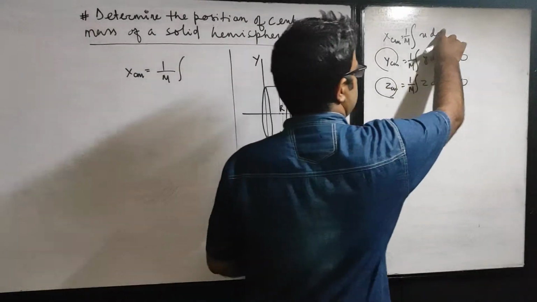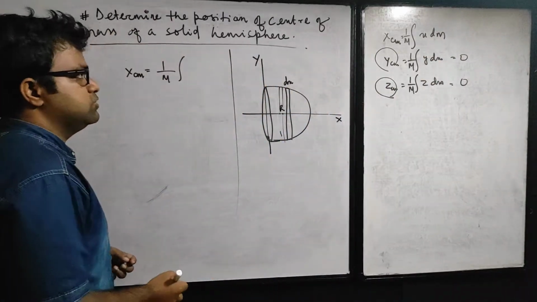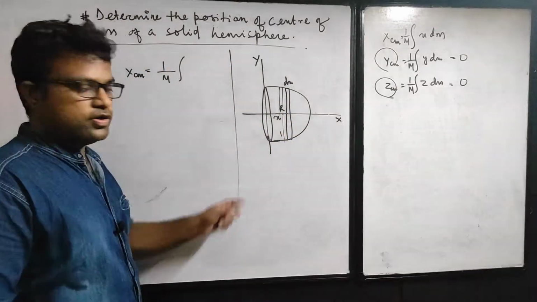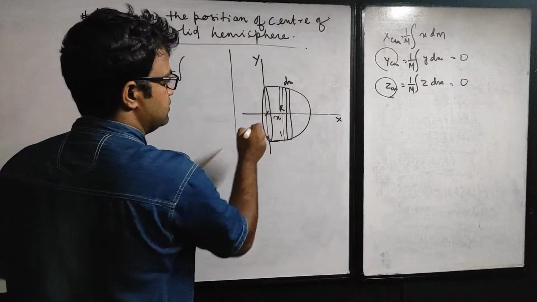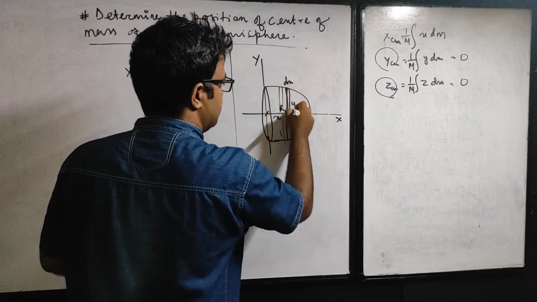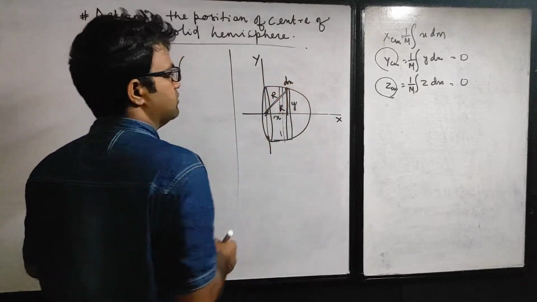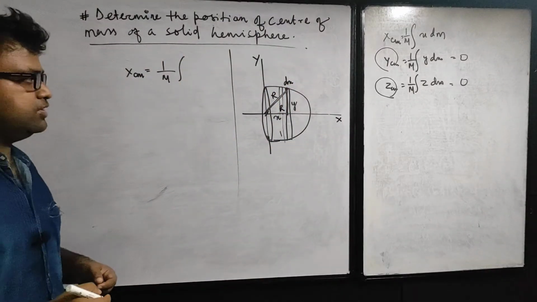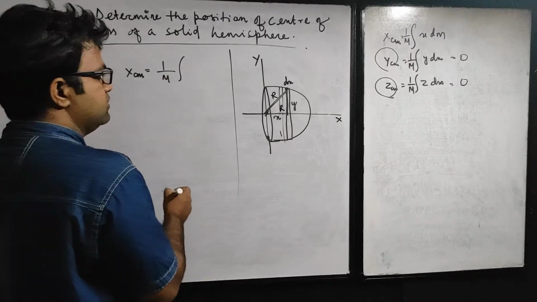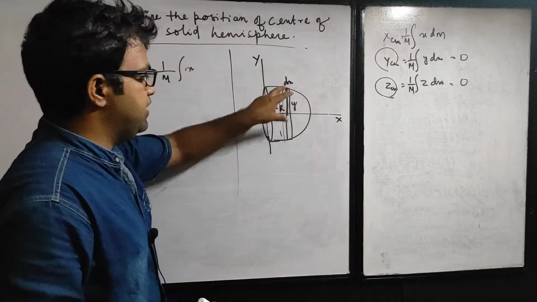Here x is the distance from the origin, let's say this is the origin 0, this height is y, and of course this will be the radius R. So we can write this as integration, where x is the distance and dm is the mass of this disc.